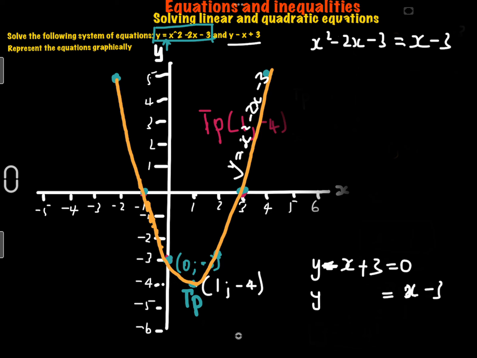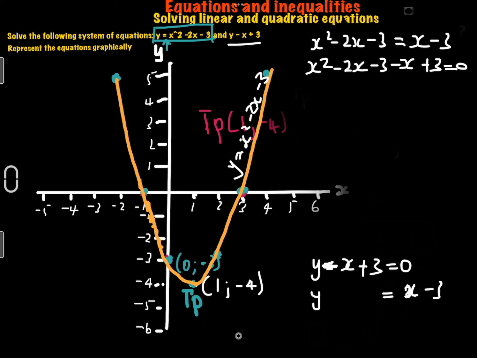I want to see where both of these equations intercept. So I'm going to bring everything over to one side. So I have x squared minus 2x minus 3, minus x plus 3 is equals to 0.